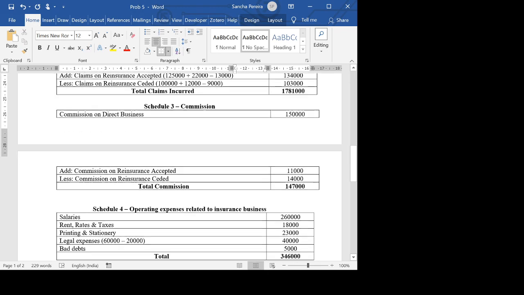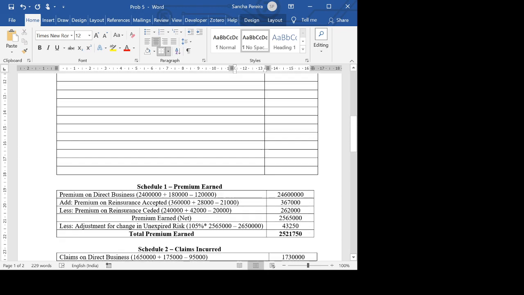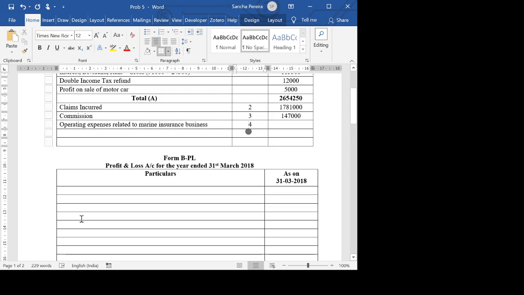The total of operating expenses is 3,46,000. So this total comes to 22 lakhs 74,000. We call this total of B.